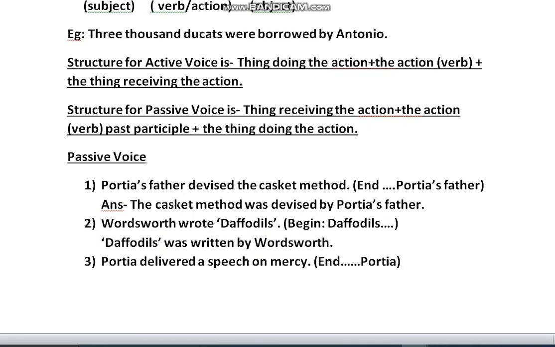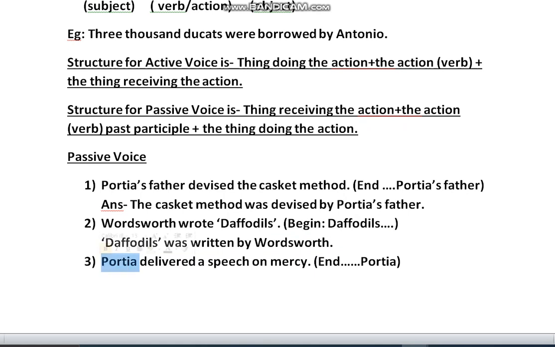Then the last question is, Portia delivered a speech on mercy, and end with Portia. Again, the subject has to be converted into the object, and it means that the active sentence is to be converted into passive sentence. We have to end the sentence with Portia.